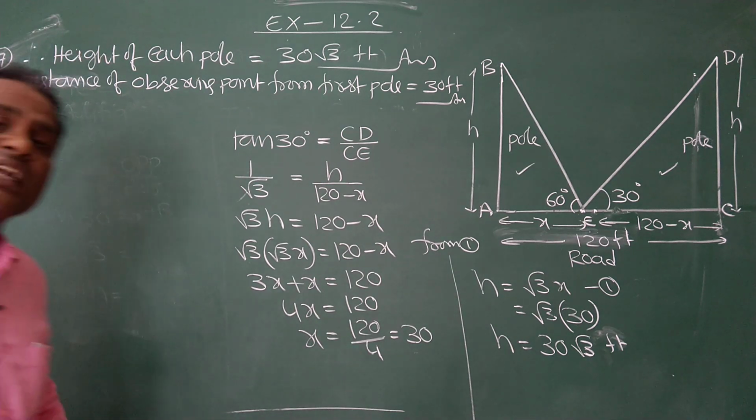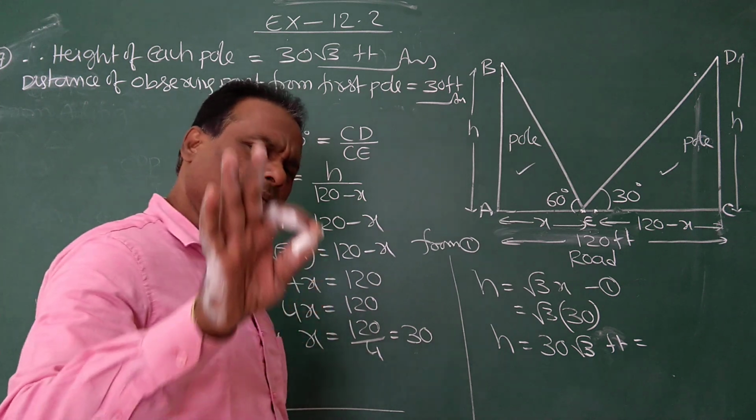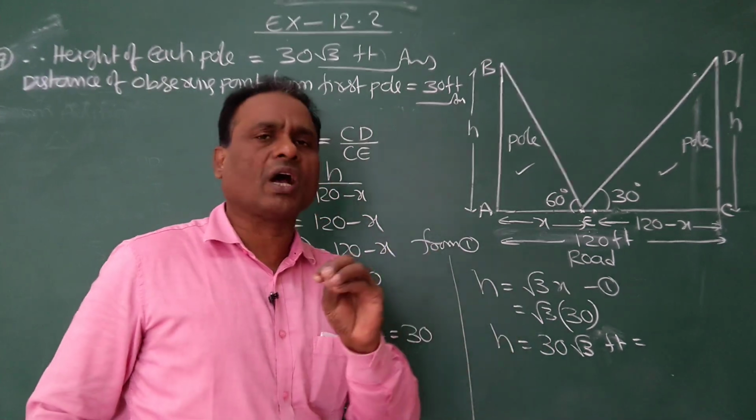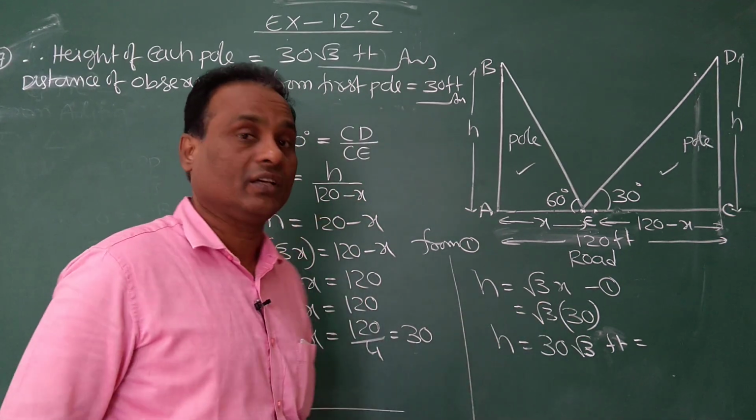Students, in the textbook the answer is simplified, but there is no need. Every time I am saying the same: you can leave it, but in the textbook answer, sometimes it is given like that only, but sometimes it is simplified.